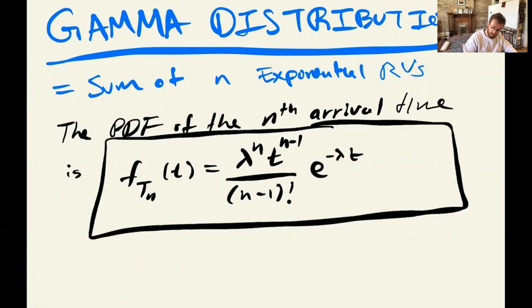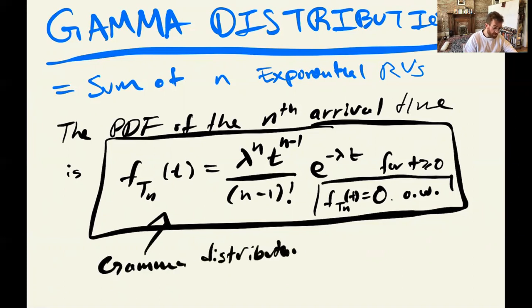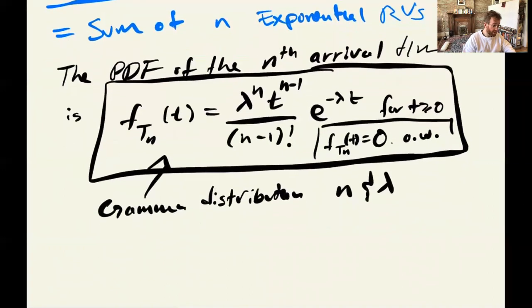And this is for t greater than or equal to 0, and it's 0 otherwise. This is the gamma distribution, and it's governed by two parameters in this case, n and lambda. In general, you can actually tune this for continuous values.